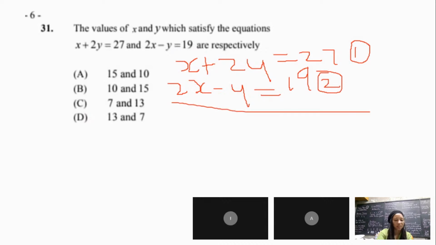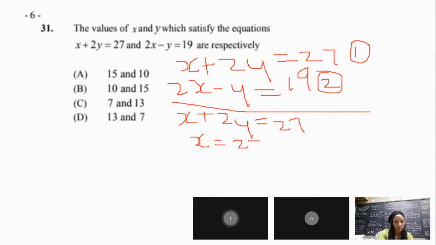So miss, how do you want to do it? Substitution or elimination? Substitution. So, miss, x plus 2y equals 27, and that would mean x is 27 minus 2y.